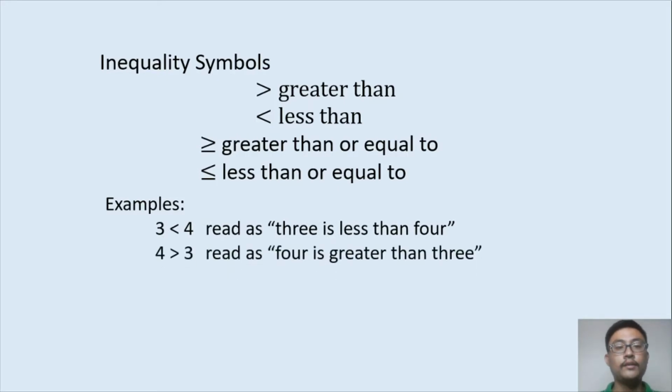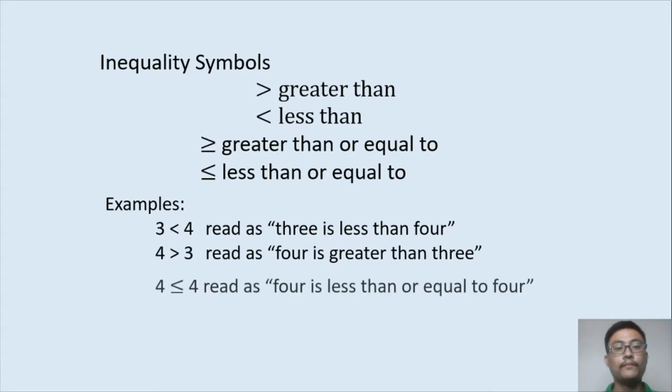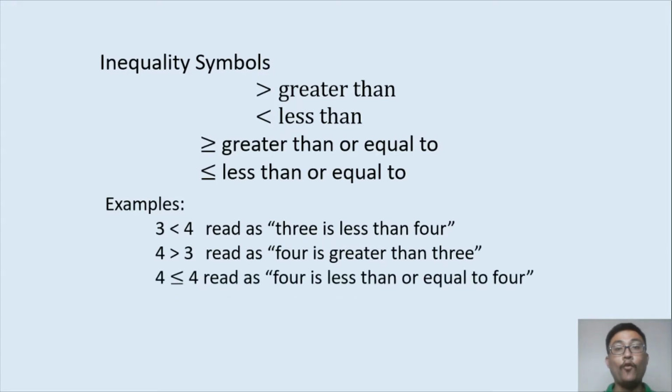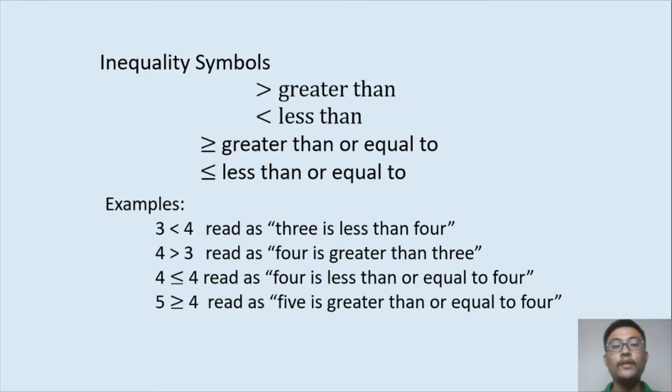Next, this is read as 4 is greater than 3. 4 is less than or equal to 4. 5 is greater than or equal to 4. So, yan yung mga inequality symbols na may encounter natin using quadratic inequalities.